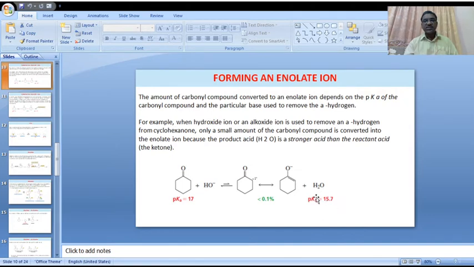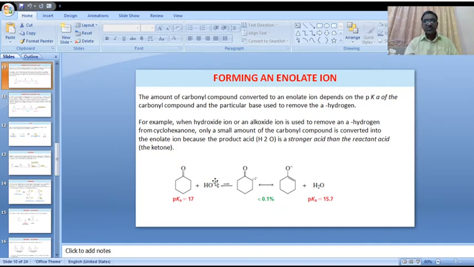That indicates that H2O is a stronger acid than the reactant. Okay, because of that, enolate ion formation is very less. Here only a small amount of the carbonyl compound is converted into enolate ion.